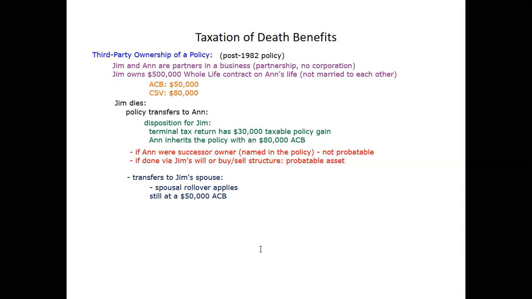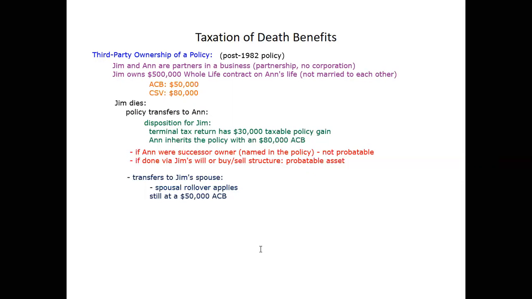I don't find so much third-party ownership of a policy like this anymore. I find most third-party ownership of life insurance contracts is in corporations, and the corporation wouldn't die, right? We talked earlier about transfers out of a corporation, or parents and children, and there, again, it's less of a concern. It is important in that case to name a successor owner.